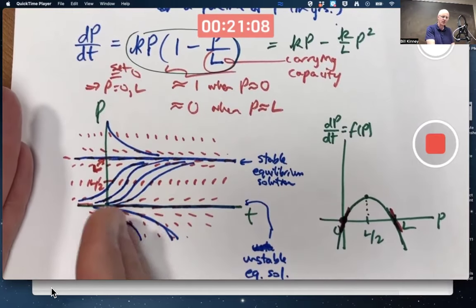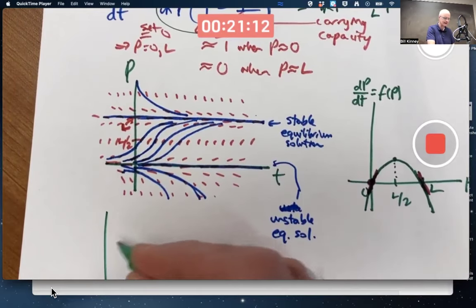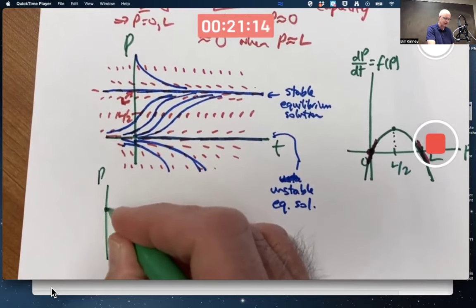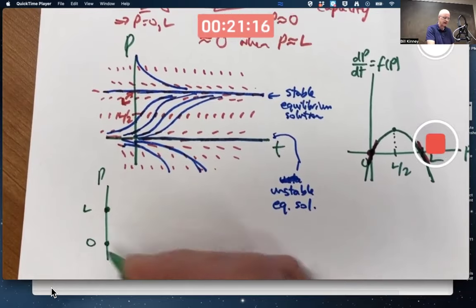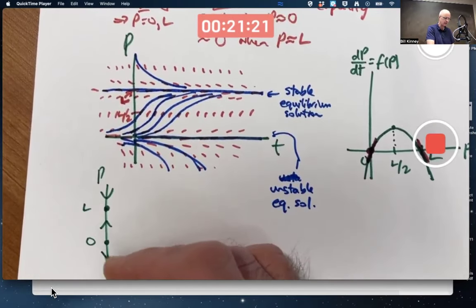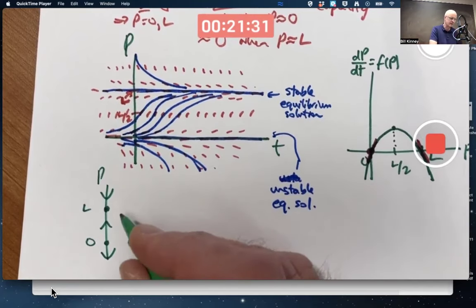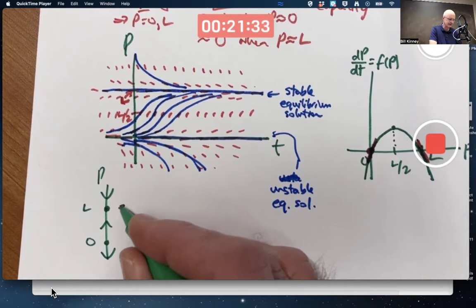I could just draw that information on just a plain old P-axis like this, with L here, 0 here, upward pointing arrow there, downward pointing arrow here, downward pointing arrow there, indicating the direction that solutions go, increasing or decreasing as time goes by. And the equilibrium solutions become equilibrium points.